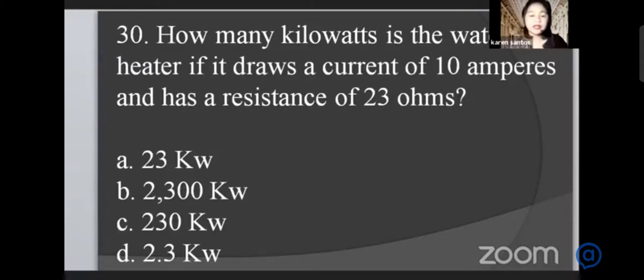The choices: letter A, 23 kilowatts; B, 2,300 kilowatts; C, 230 kilowatts; and D, 2.3 kilowatts.